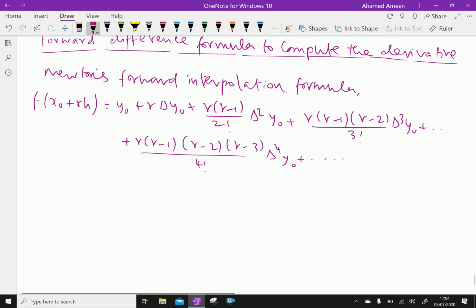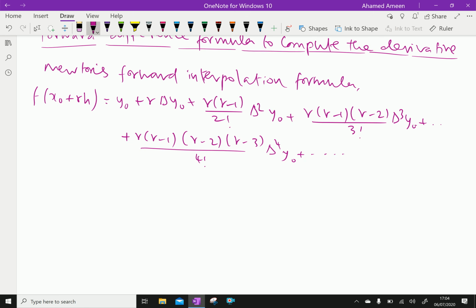Here we have to differentiate this function with respect to r.